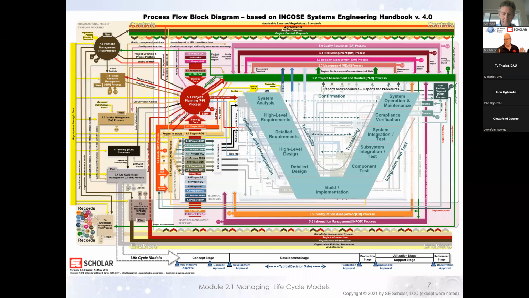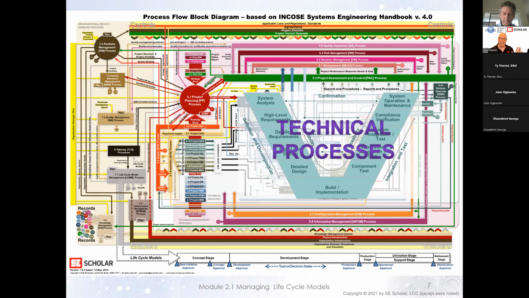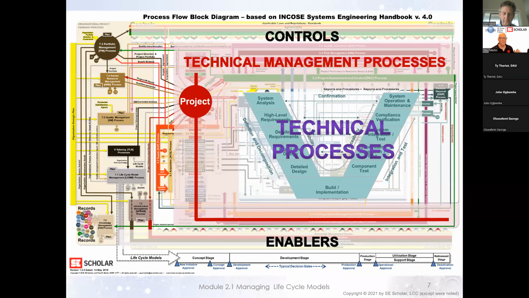The center of my chart is the famous V, the system engineering V. Those are our technical processes that we run. And that, of course, is chapter 4. I'm not going to get into chapter 4 until we get to module 4. We're only in module 2.